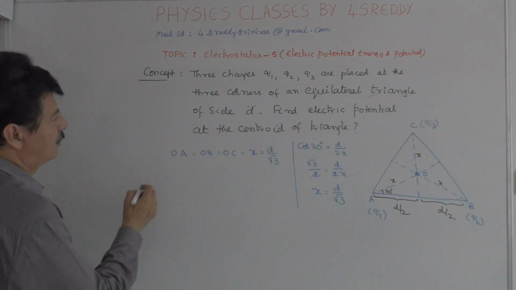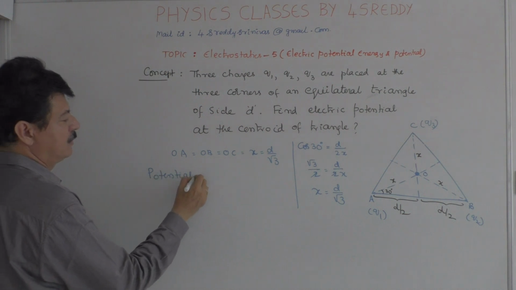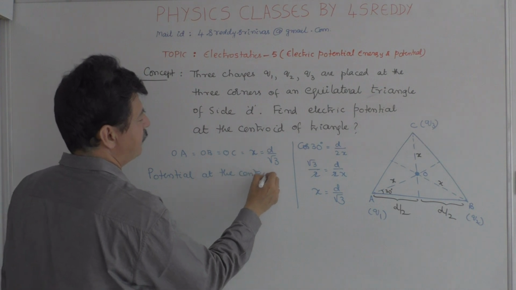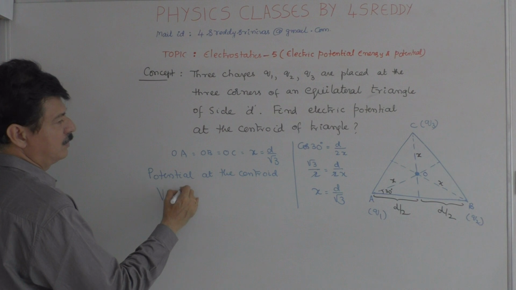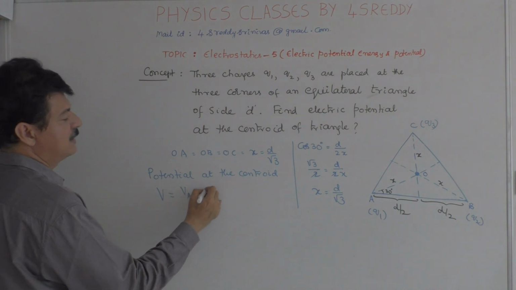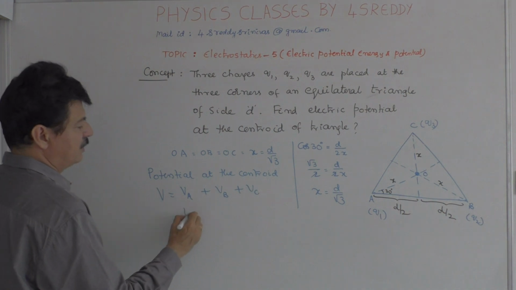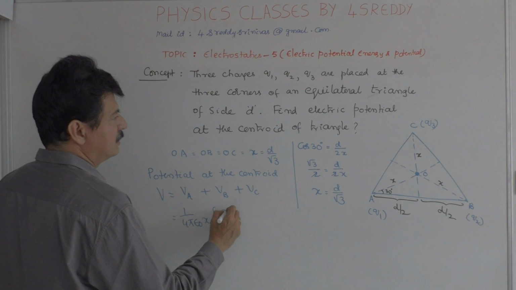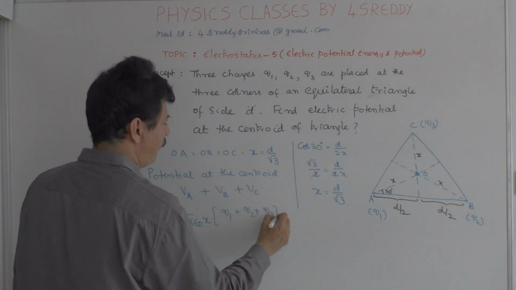Therefore, the potential at the centroid is given by V is equal to VA plus VB plus VC. So 1 by 4 pi epsilon naught X is common, that is Q1 plus Q2 plus Q3.